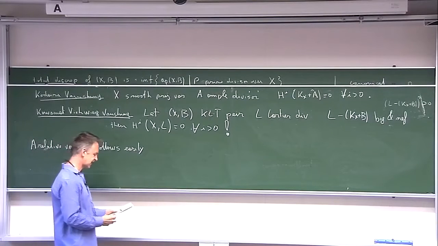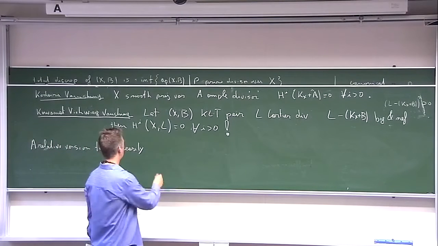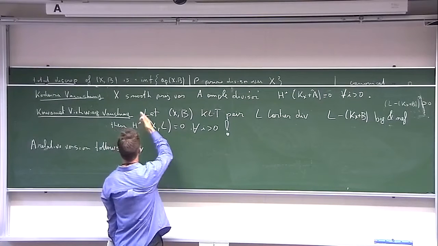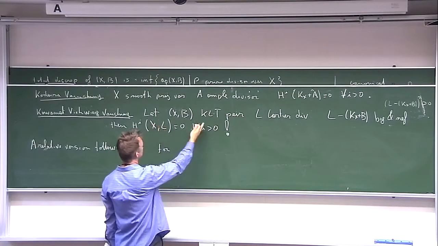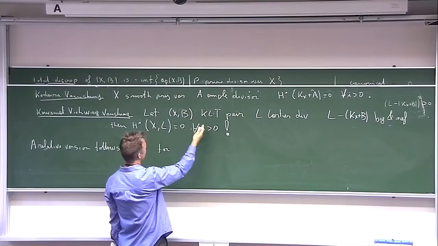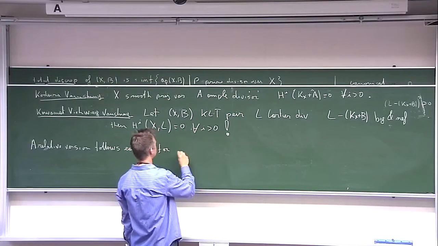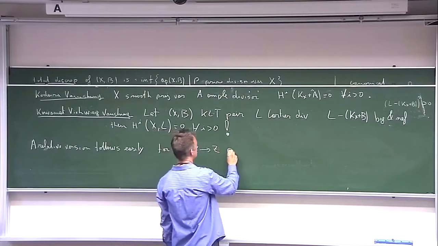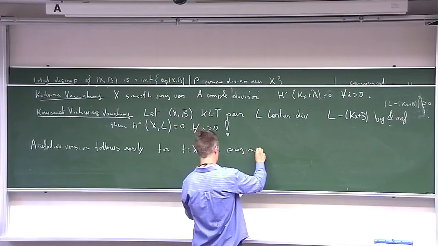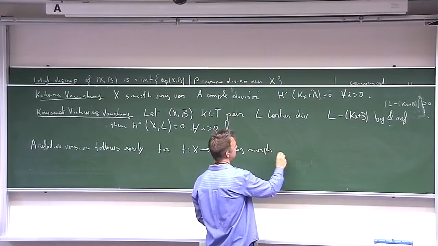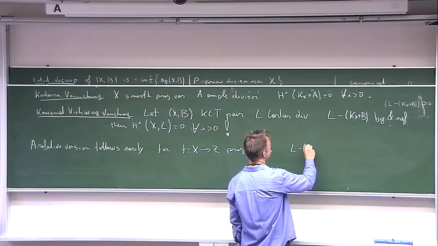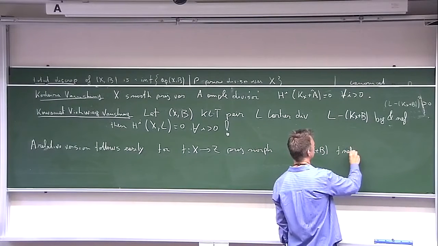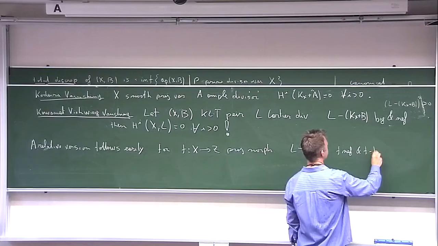So in the relative setting, what will you need? Instead of a smooth projective, a projective KLT pair, I should have said that it's projective. So you need to have f from X to Z, say a projective morphism. And you will assume that L minus (K_X plus B) is f-nef and f-big.